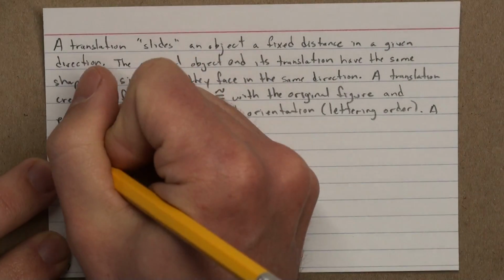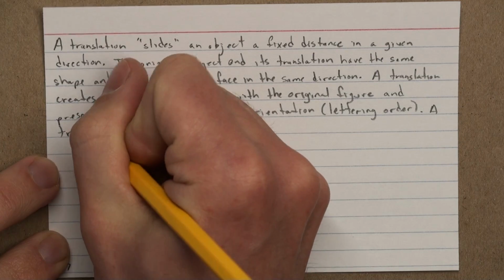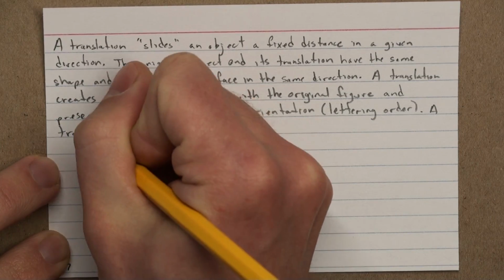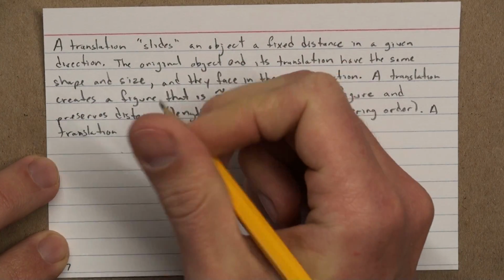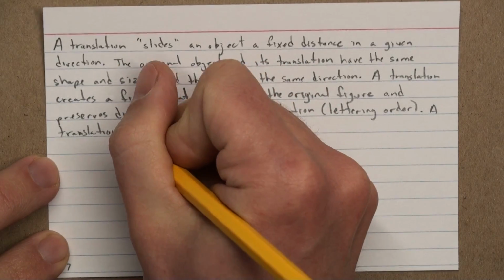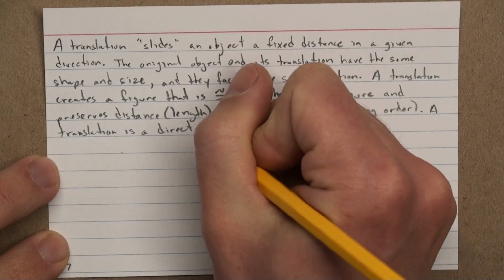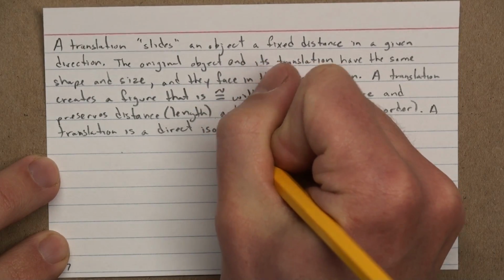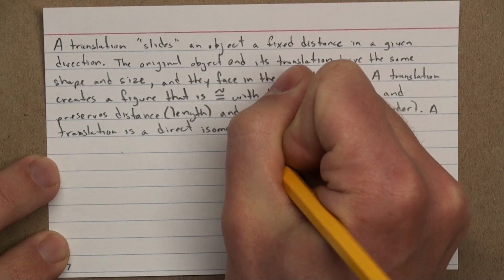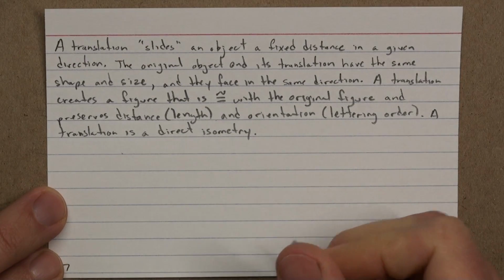So a translation is a direct isometry. Okay.